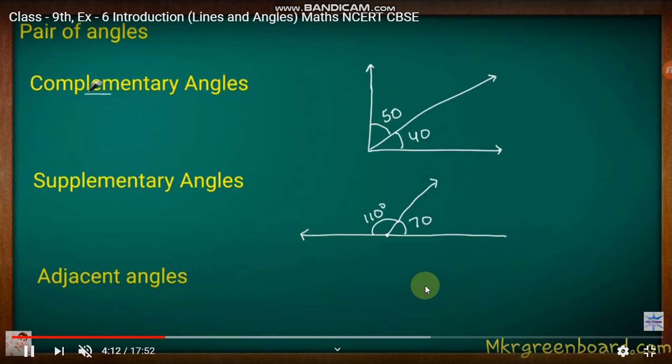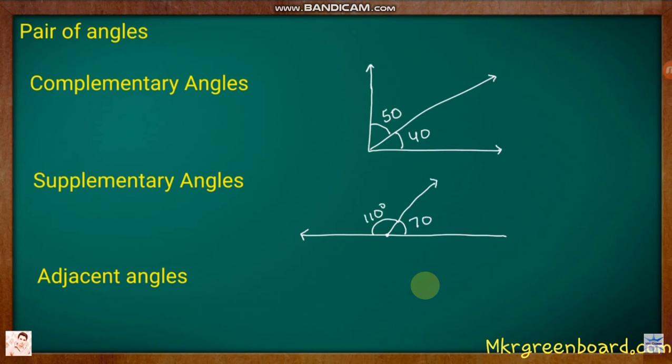First is complementary angle. Complementary angles are two angles whose sum is equal to 90 degrees. For example, x plus y is equal to 90 degrees. Suppose one angle is given and the other is not given, how can we solve this?